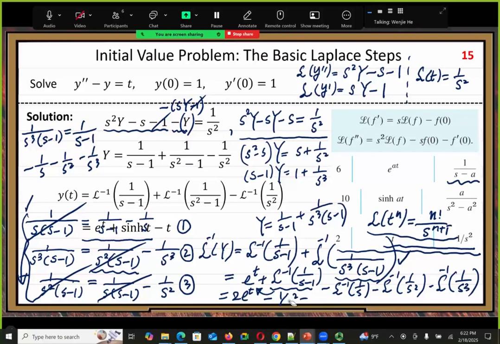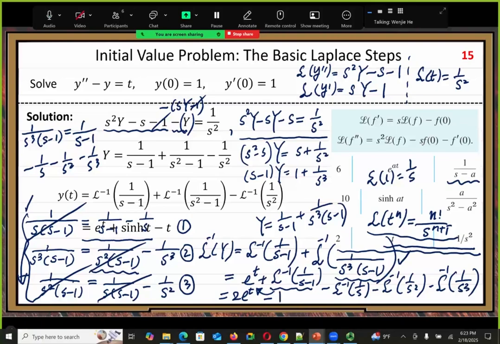Sorry, that's wrong. Just a minute. The first one, n equals 0. 0 factorial, remember, is 1, so 1 over s. That means inverse Laplace is 1, because we do inverse Laplace, not Laplace.